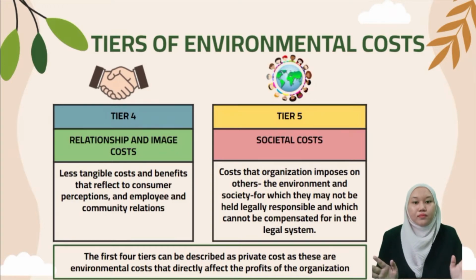So, as an overall, the first four tiers that I have explained just now can be described as a private cost, as this environmental cost can directly affect the profits of an organization, or the cost for which the organization can be held legally accountable.